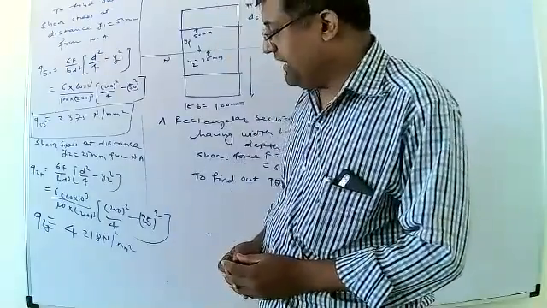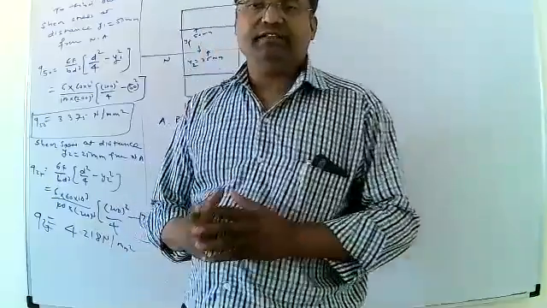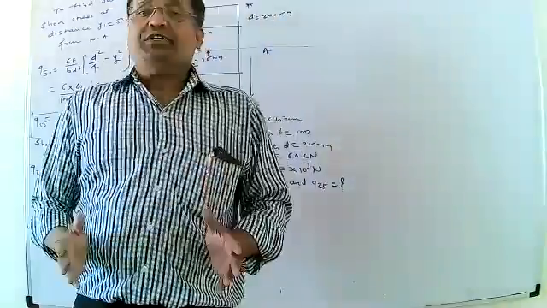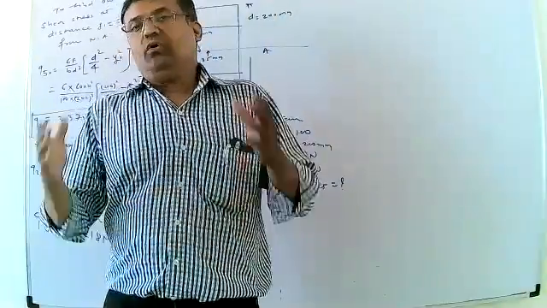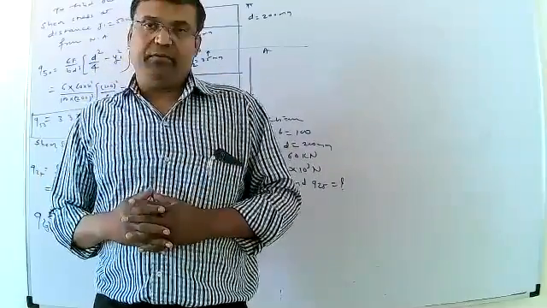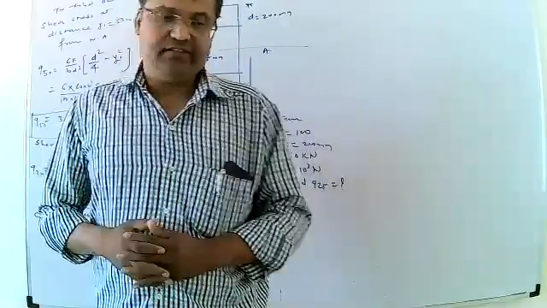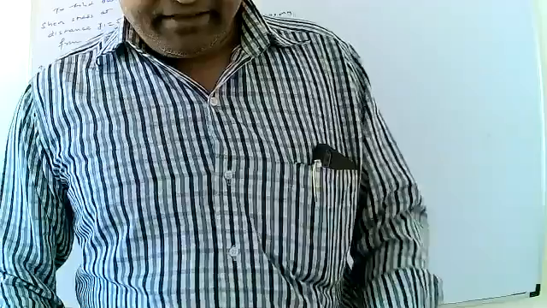Q25 is 4.218 Newton per mm square. In this way you can easily calculate how much shear stress is induced on the layer at a distance 25 mm and 50 mm from the neutral layer. It is a very easy way to calculate.